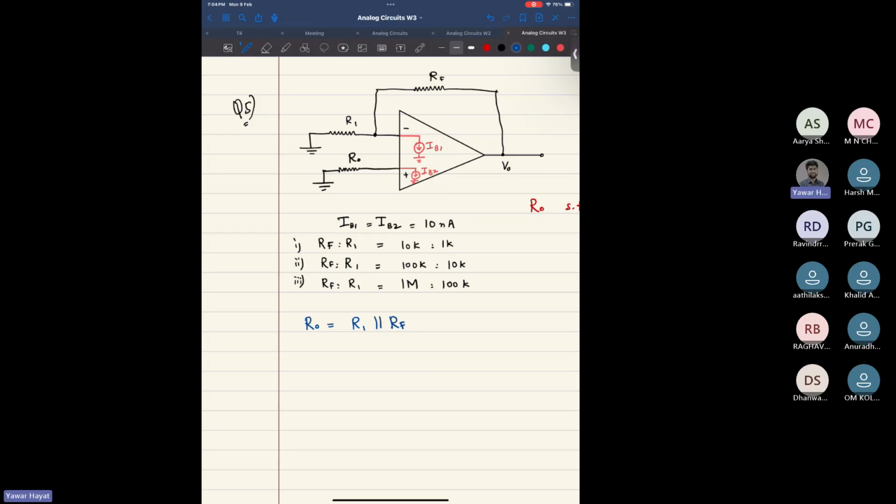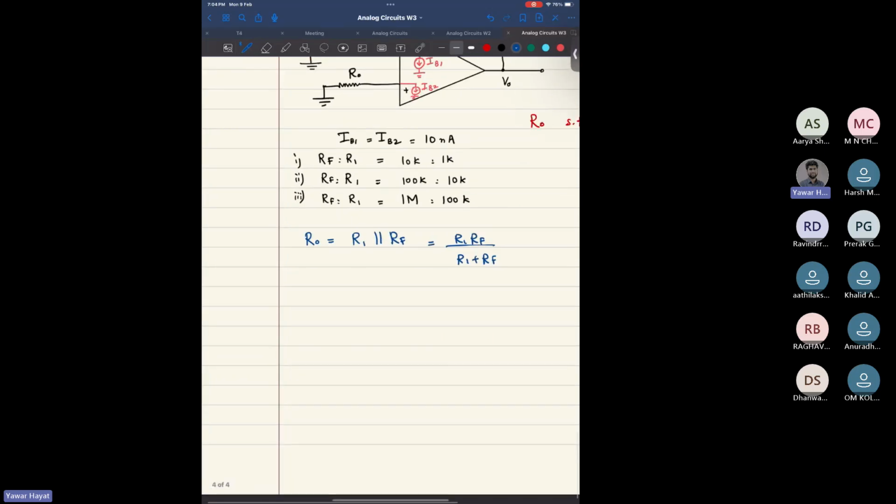And that is R1 RF divided by R1 plus RF. Okay, now for part 1, my R naught would be 10 kilo times 1 kilo divided by 11 kilo. All right, and that would be 909 ohms. Okay, or 0.909 kilo ohms, whatever it is.